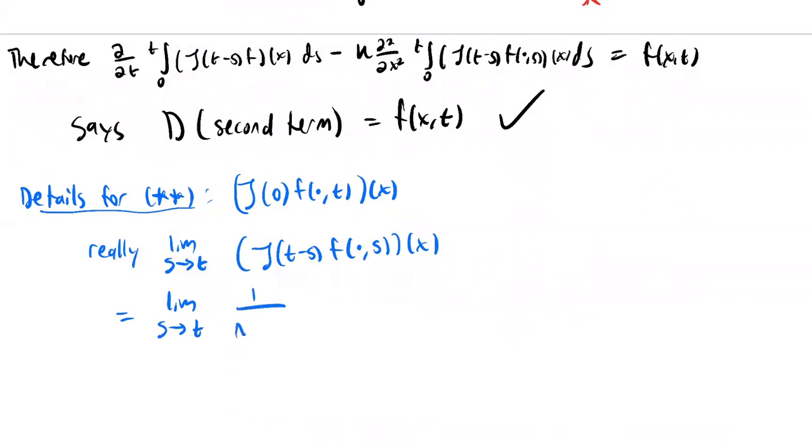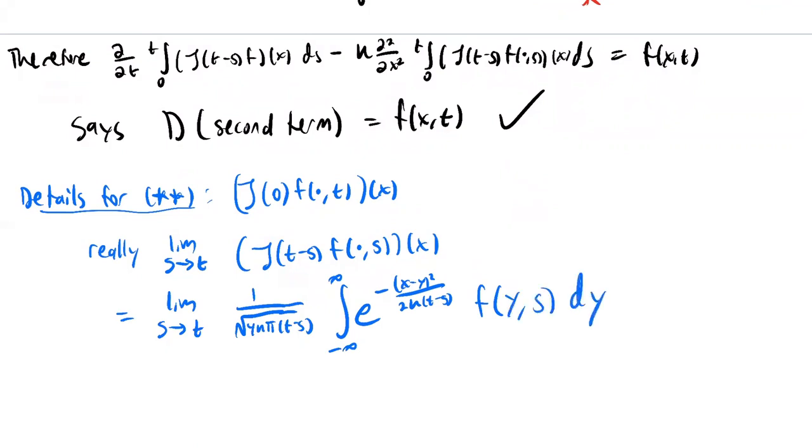So I have 1 over square root 4k pi (t minus s) integral from minus infinity to infinity of e to the minus (x minus y) squared divided by 4k (t minus s), right? I'm replacing t everywhere by t minus s. And then I have my function f, which, right, depends on s also. Right, so this is actually what we had here.